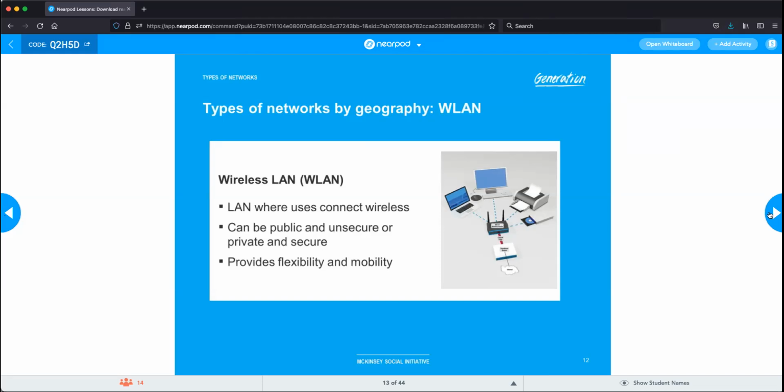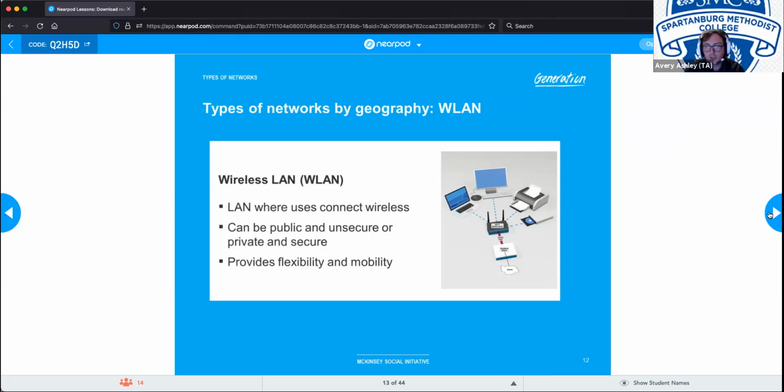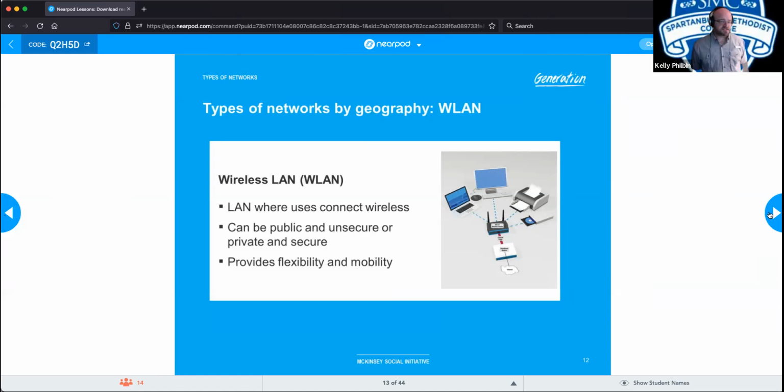So when a question is talking about a WLAN, it'll say that it's a wireless connection, and that's going to be your big hint that it's a WLAN versus a regular LAN. Kind of like when we were talking about touchscreen monitors versus regular monitors. If they do not specify touchscreen, assume it is a regular monitor. And with regards to LAN versus WLAN, they will specify wireless connection. Any other questions?